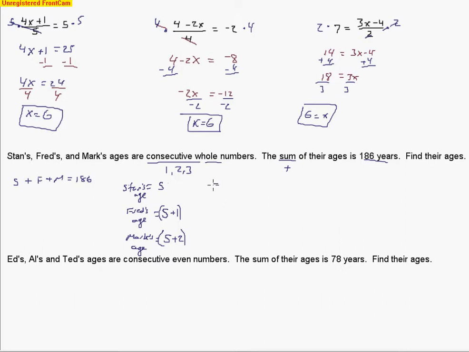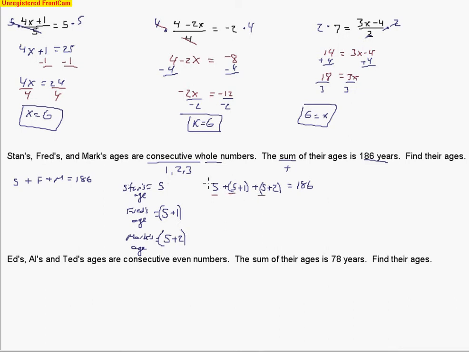So we've got Stan's age plus Fred's age, but instead of F, we're going to use S plus 1. And then we also have Mark's age, which is, instead of M, it's going to be Stan's age plus 2. And those all add to make 186 years. So now what we're going to do is we're going to combine these unknowns.